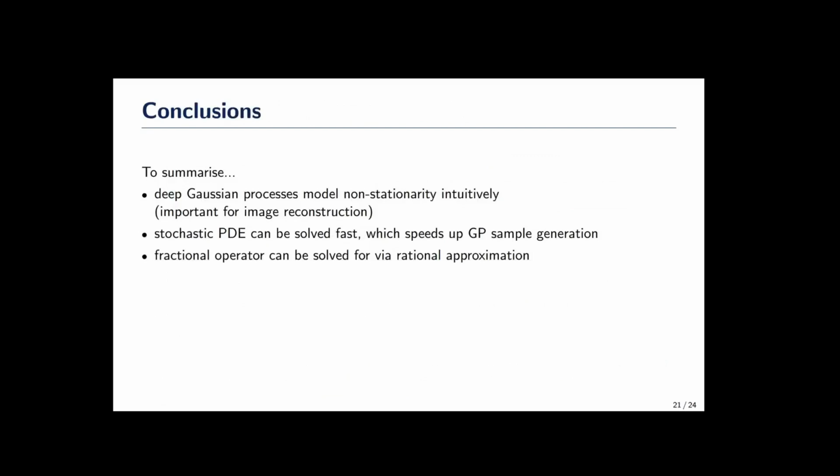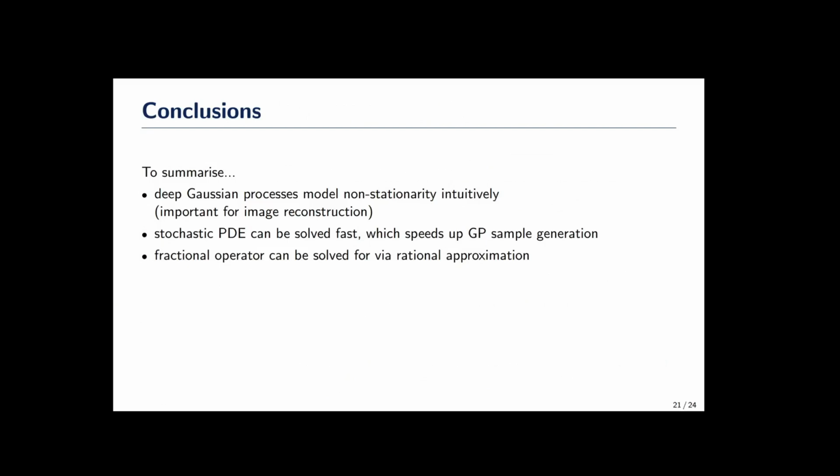And then hopefully in this talk I've been able to show you that deep Gaussian processes can model non-stationary data, such as images, quite intuitively, as well as being a reasonably fast tool. We use this stochastic PDE especially to avoid the common bottlenecks of Gaussian processes by making use of existing PDE solvers.